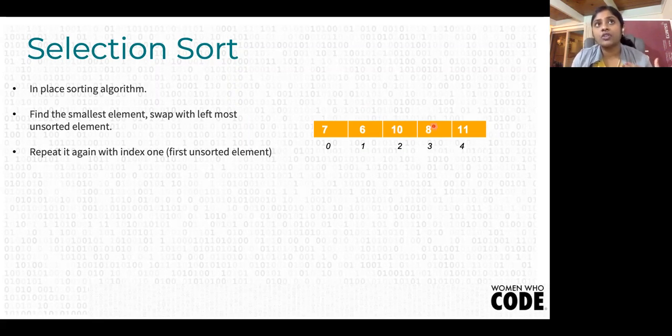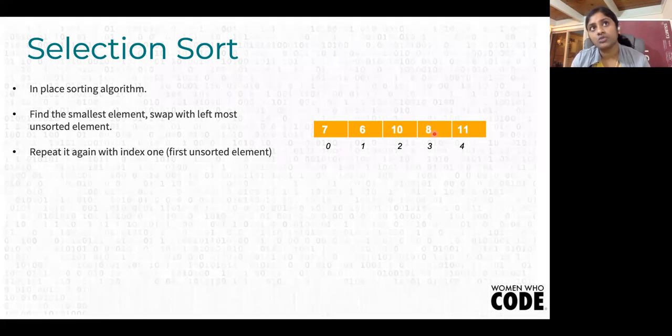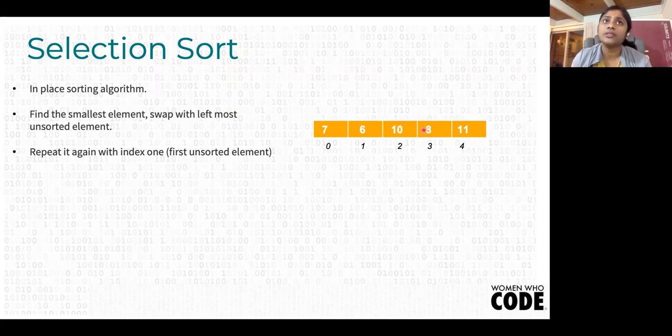And then you have 8, which is the smallest element. Now you swap that smallest element to index 2. Now increment the counter from 2 to 3, and keep doing that until the end of the array. So here you have 10 and 11, which are already correct.